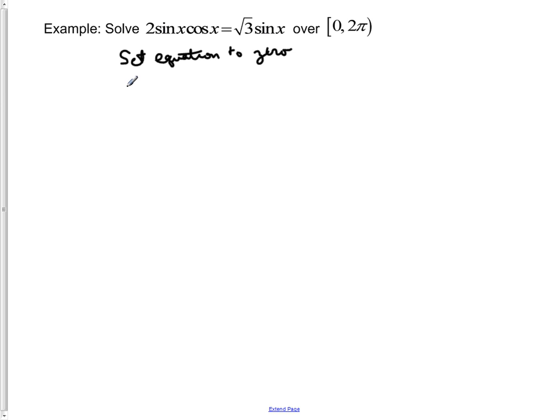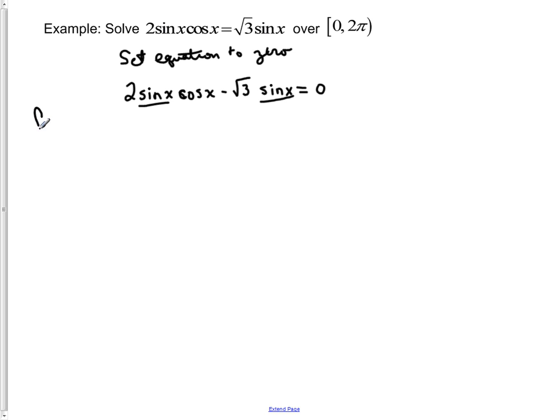So in this case, I'm going to subtract square root of 3 sine of x from the left and the right hand side, so that I'm going to get a brand new equation, 2 times the sine of x times the cosine of x minus the square root of 3 times the sine of x is equal to 0. And you'll notice that I have a common factor right away from these two terms on the left-hand side, and that is sine of x.